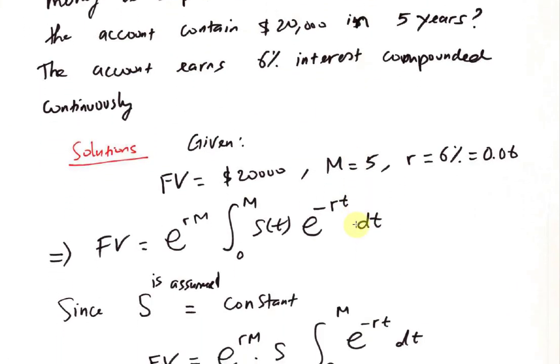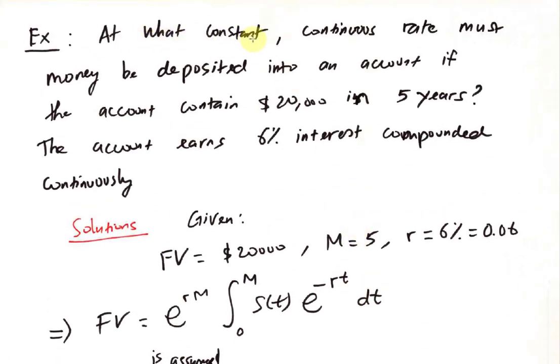The last example for this section. At what constant continuous rate must money be deposited into an account if the account contains $20,000 in 5 years, and the account earns 6% interest compounded continuously? So we know that in 5 years we have this much money. So this is the future value, $20,000 in 5 years.